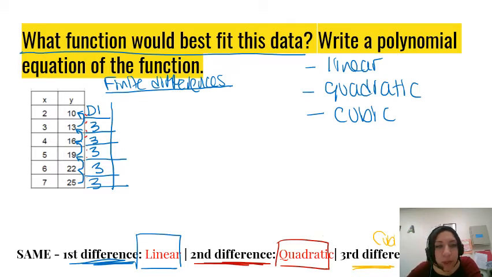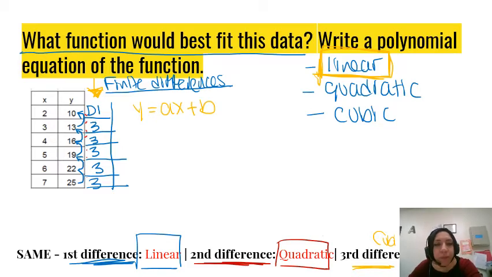But we see here that our first difference, D1, was all the same. It was all 3. Therefore, this data set is a linear function. Now the general form of a linear function is y equals ax plus b. So how do we write that equation?